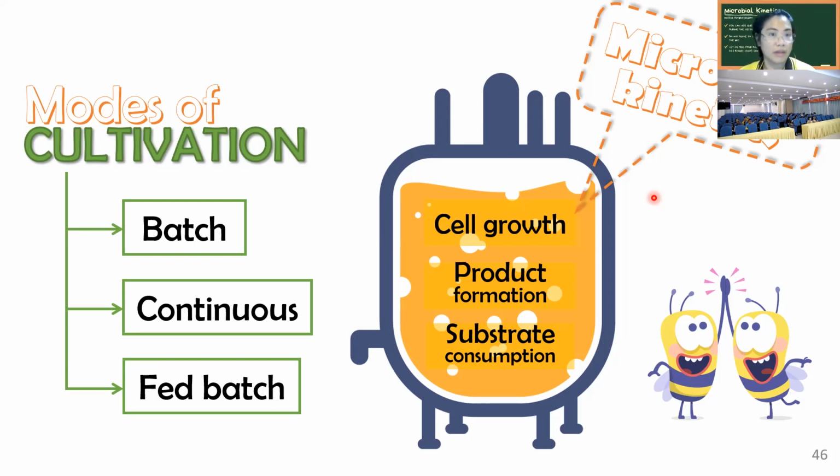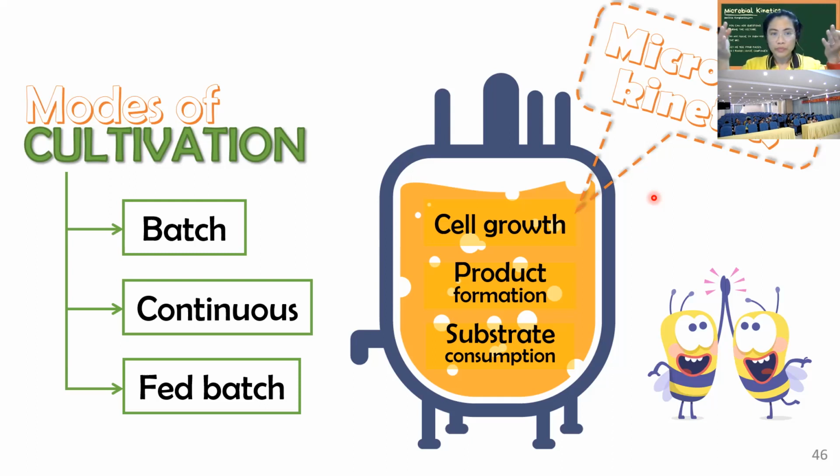Okay, an example is just what I had. If you know the microbial kinetics, you know if something has a negative effect on the cell, maybe you can choose the fed batch cultivation. Or if you want to use the batch, you know what the limitation is in the use of the substrate and those types of things.